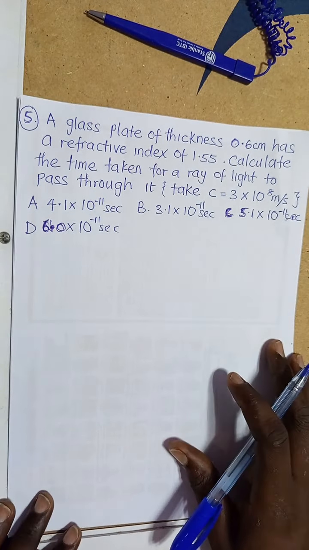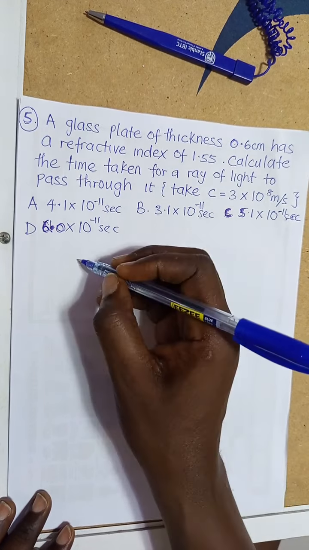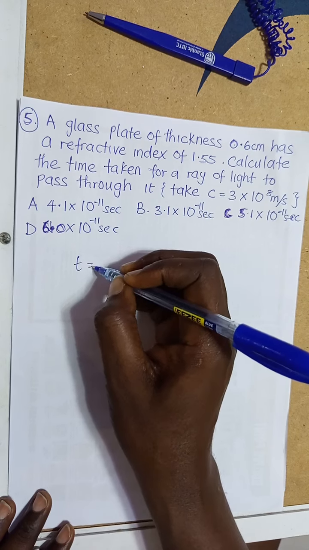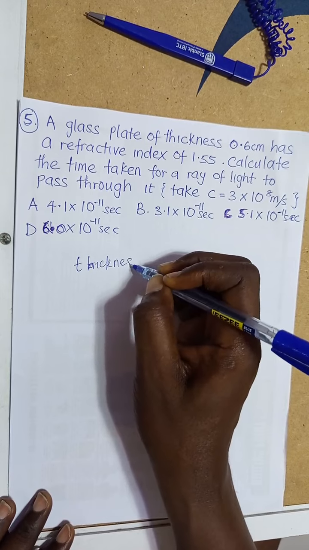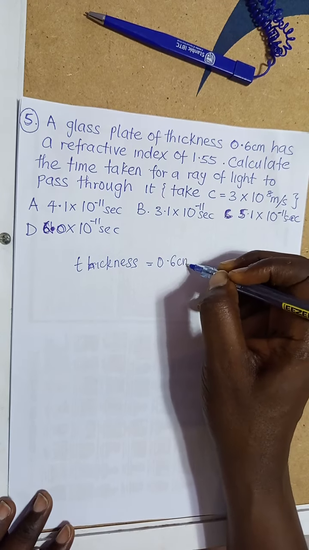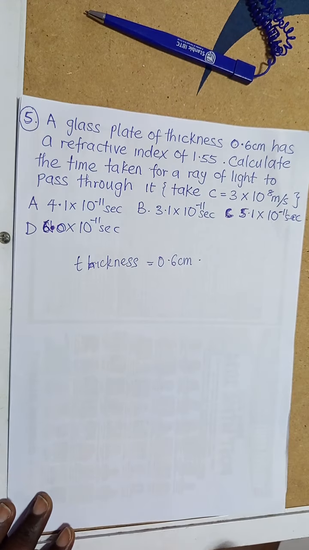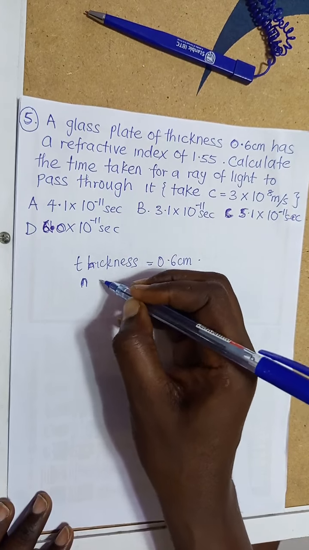Number 5, a glass plate of thickness. The thickness of the glass plate is what? Thickness is 0.6 centimeter. Its refractive index, n, is given as what?